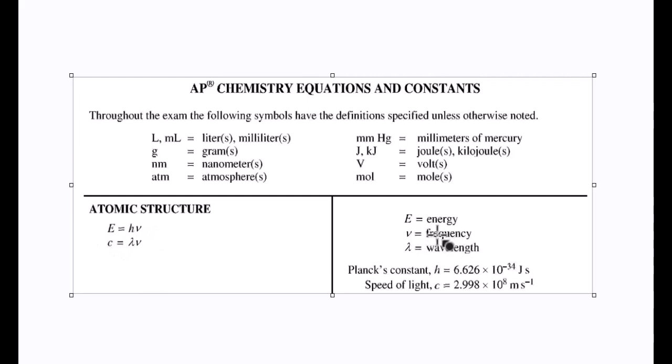Here you can see nu is the frequency, E is the energy, and this is what we have, the wavelength. So we'll use this first equation that uses the speed of light given on the equation sheet, the wavelength which we've been given of yellow light, and we're going to calculate the frequency.